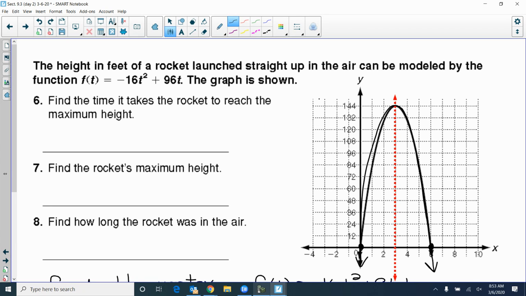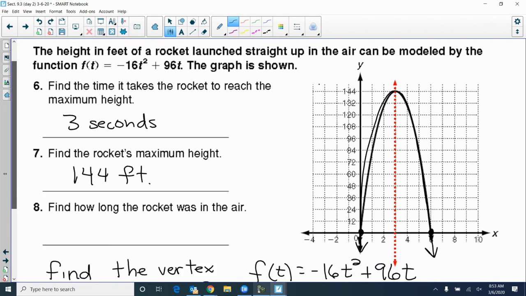All right, now we got to answer the question. Find the time it takes to reach the maximum height. That would be what? 3 seconds. Find the rocket's maximum height, which, those are both obtained from the, what do we call it, the vertex.